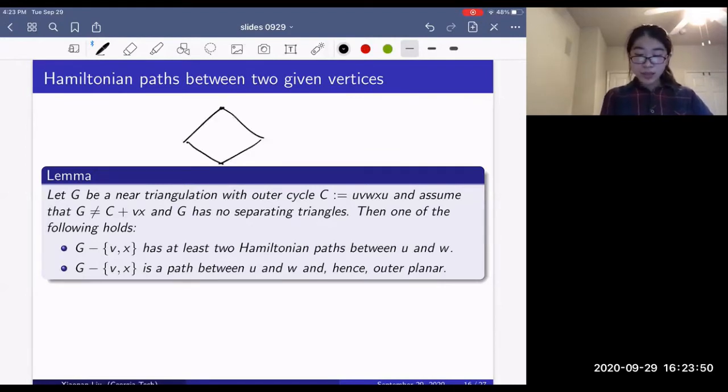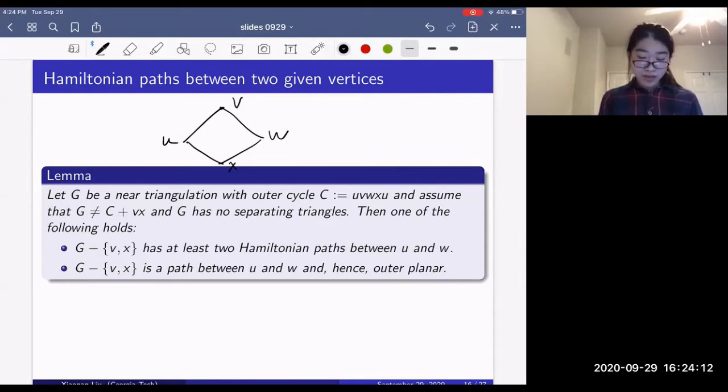Let G be a near triangulation, meaning all faces are triangles except the outer cycle, with outer cycle U, V, W, X, U. Assume G is not equal to C plus VX.